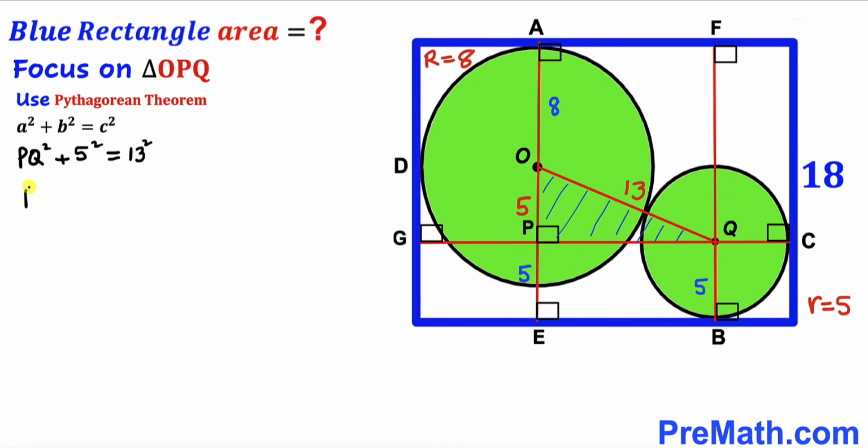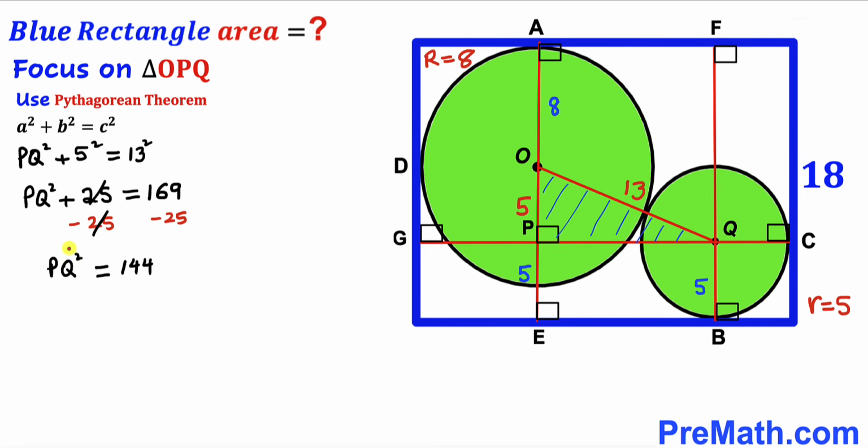Let's simplify: PQ square plus 25 equals 169. Now we subtract 25 from both sides. They are gone, so PQ square turns out to be 144.